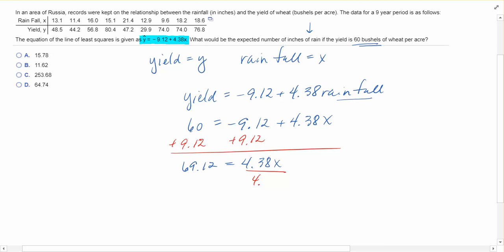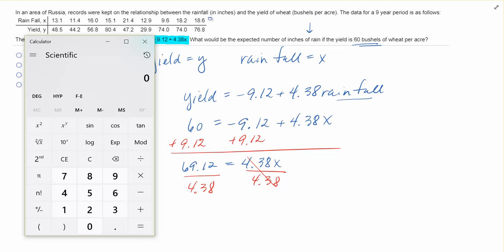So divide by 4.38, because that's the number sitting next to my variable x. That's going to cause the variable on the left to have a coefficient of 1 now next to it. And so in my calculator, I'm going to divide 69.12 by 4.38, and let's see what we get.